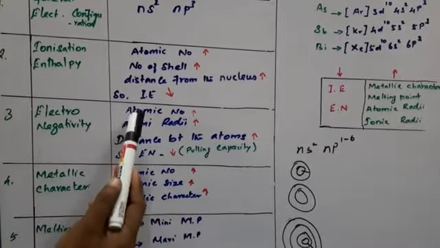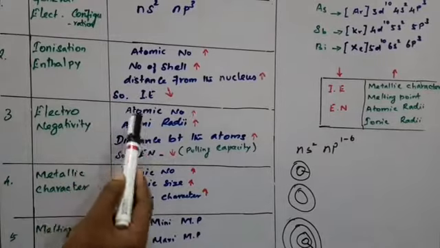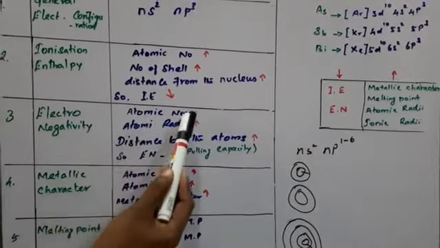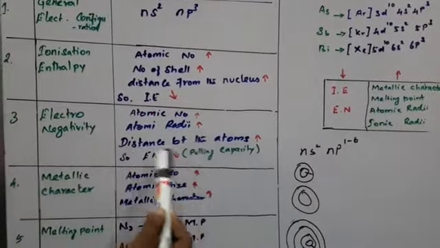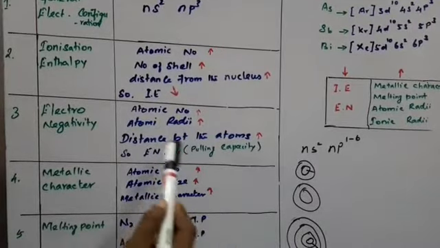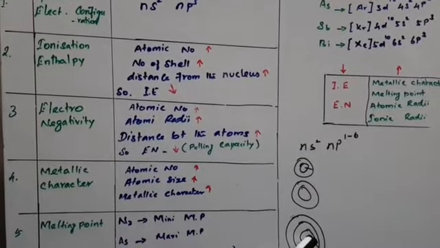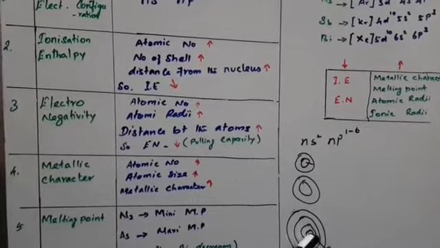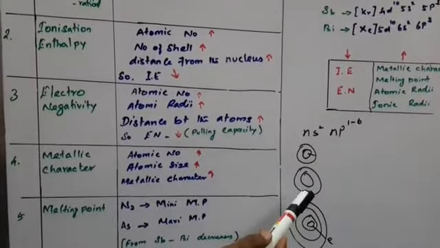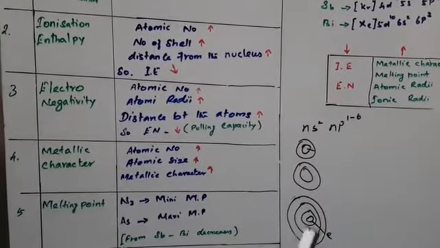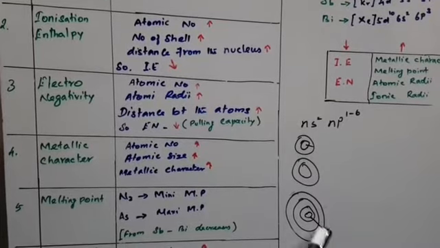Down the group, atomic number increases and atomic radii also increases. The same concept: the distance between the nucleus and the electron is far away, so the attraction, the pulling capacity, is less.